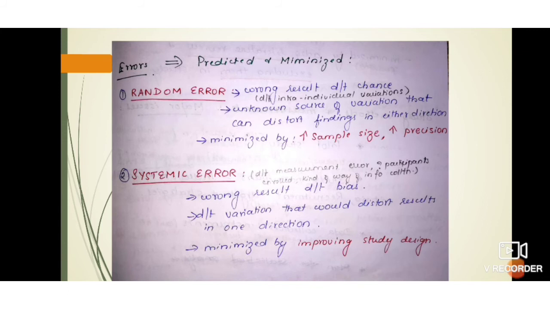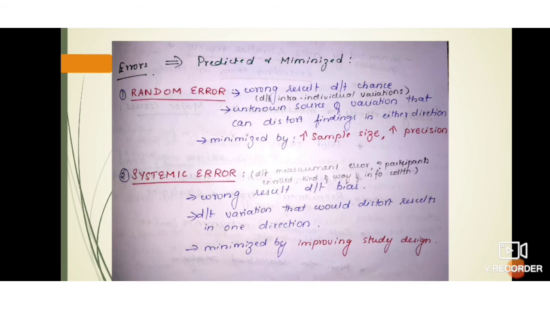It can cause the study result to be positively or negatively influenced. This can be minimized by increasing the sample size and increasing the precision. And systematic error is due to bias, like errors in measurement or in enrolling the participants, or in how the information is collected. This kind of error will distort the results in one direction.